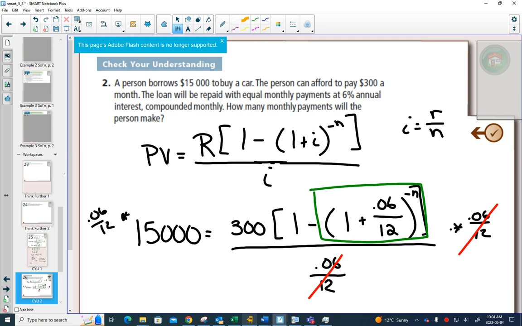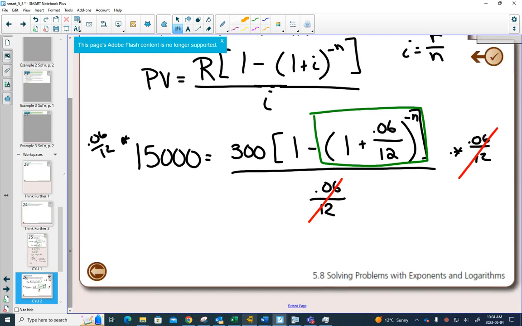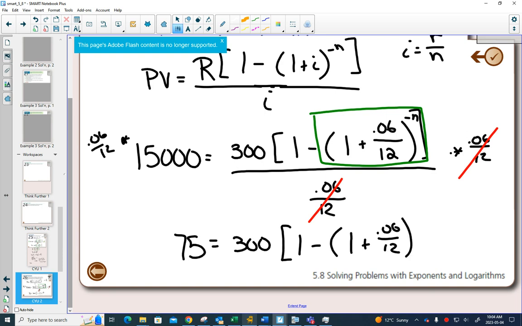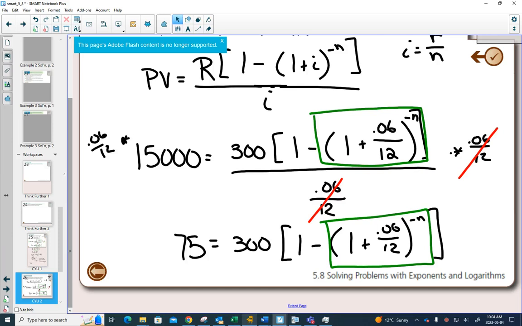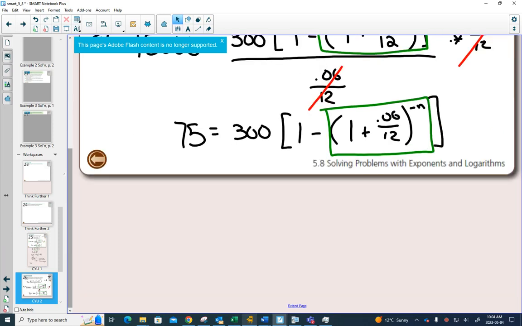Go to my calculator. 15,000 times 0.06 divided by 12 is 75. Again, there's my power. That's what I want to try to get by itself. Next, I'm going to divide both sides by 300.